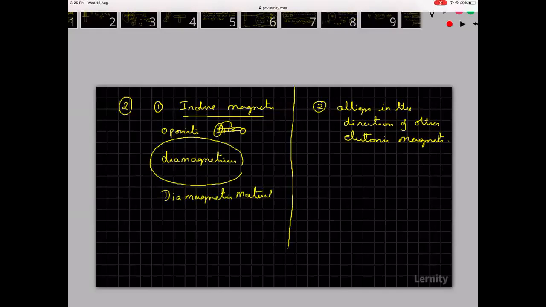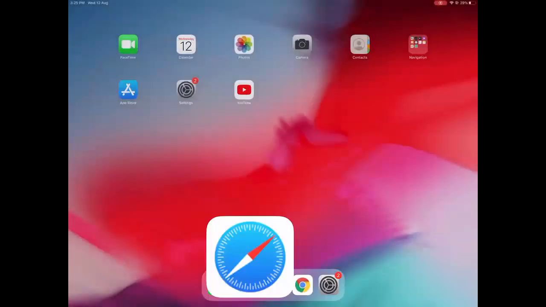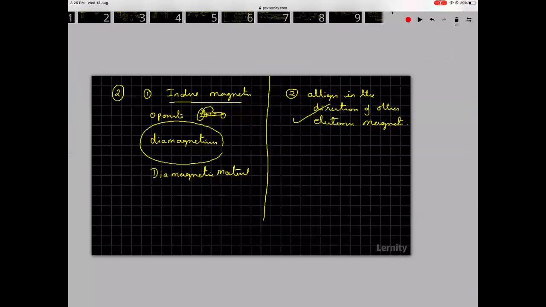Okay, if at all you get questions from here, you may get them in the entrance exam. In the board, they have removed this part. Then if the other property is more, such materials are called paramagnets or paramagnetic materials.